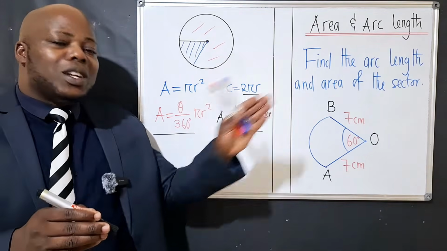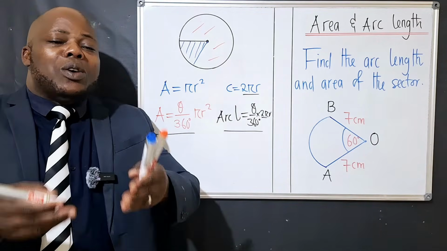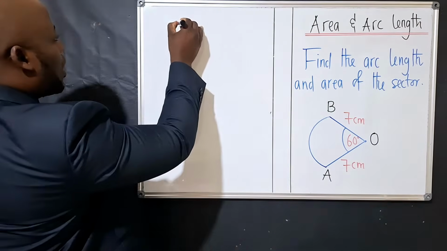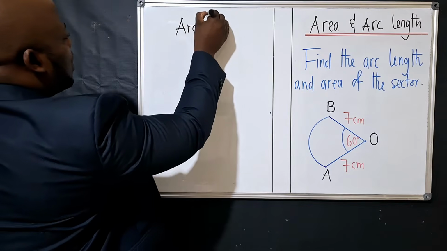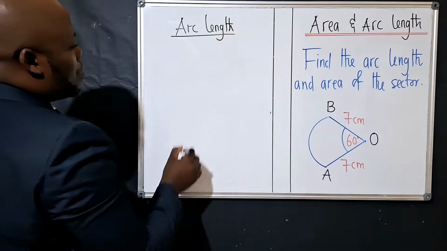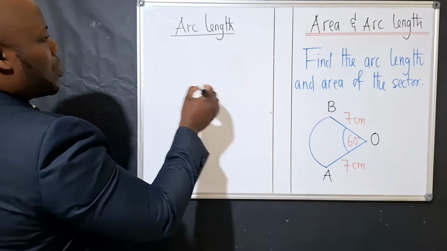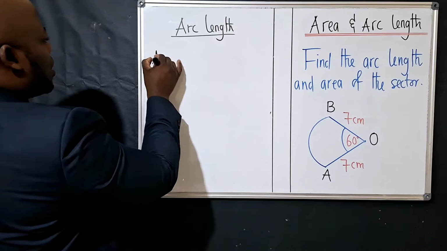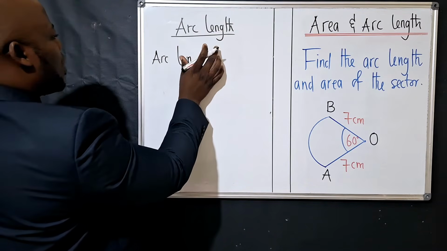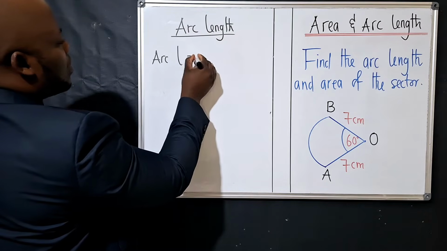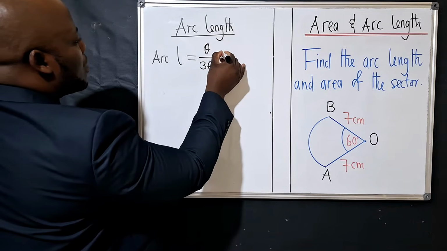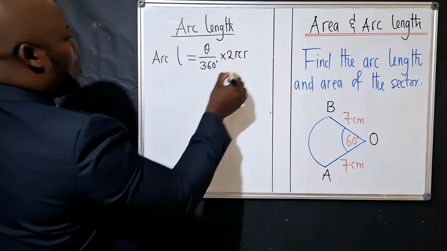So let's jump on this question and see what we're supposed to do. All right, let's start with the arc length. For arc length, the formula is arc length, L, is equal to theta over 360 degrees times 2 pi r.